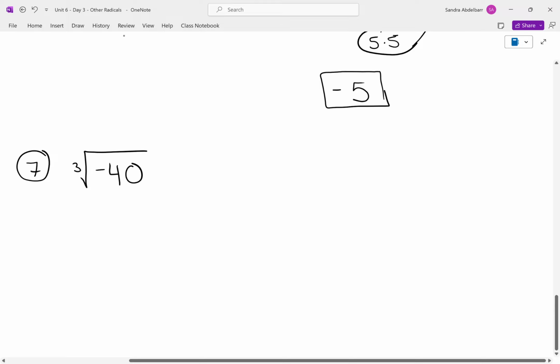Okay, you guys try this one. The cubed root of negative 40.